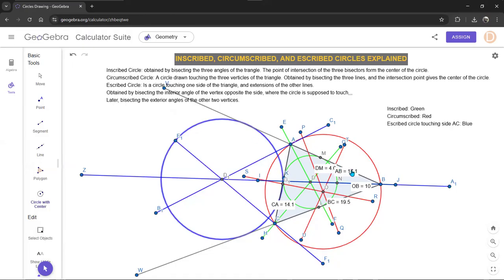So we can see these are the lines we extended. It was AB, but now we extended so that we have a lengthy one. So it's now BAV, and then we have BCW. We just extended them so that we can see whether the Escribed circle is going to touch these extensions or extended lines.